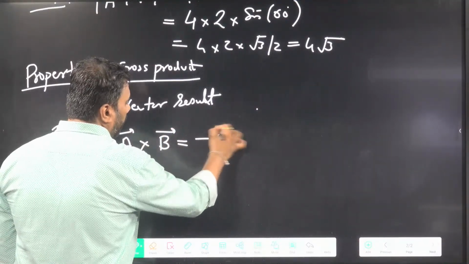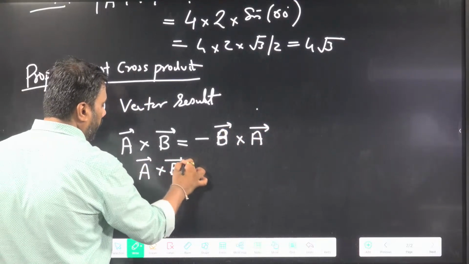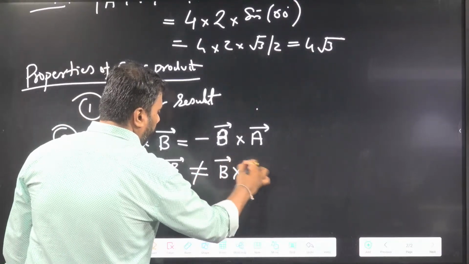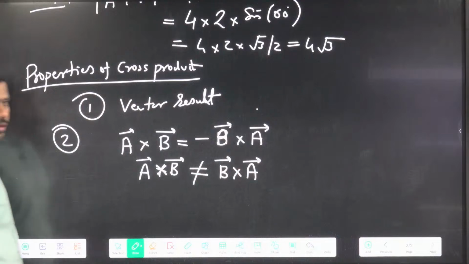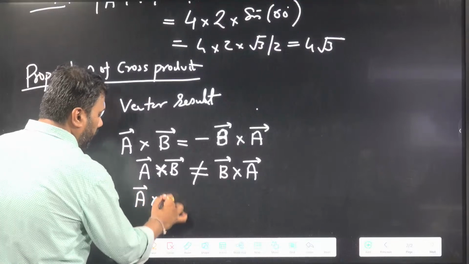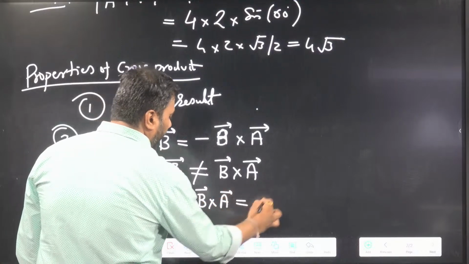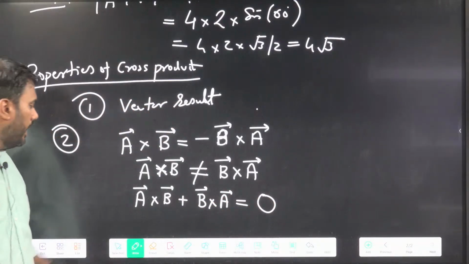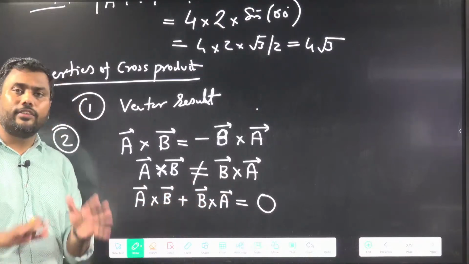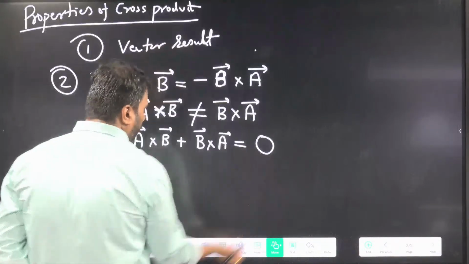A cross B is negative of B cross A. Hence, A cross B is not equal to B cross A. If you add A cross B with B cross A, you will get 0, because they are negative of each other. So vector product is not commutative.